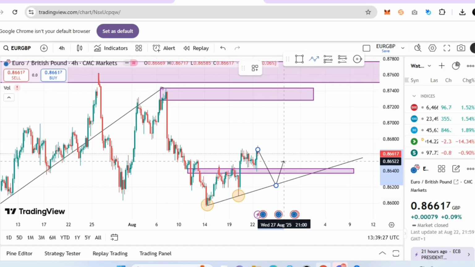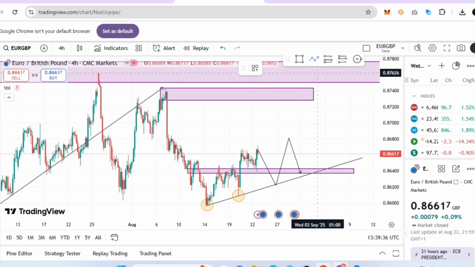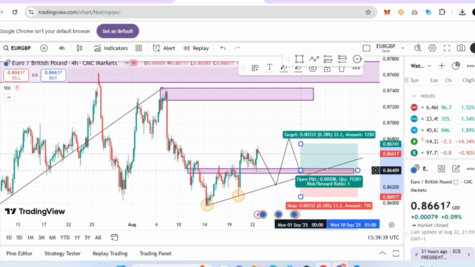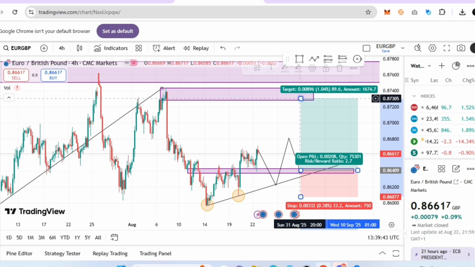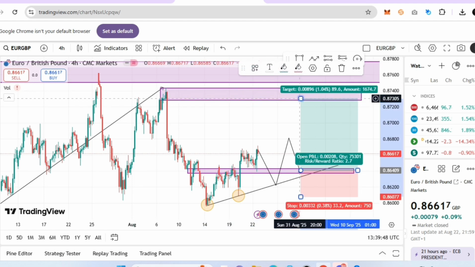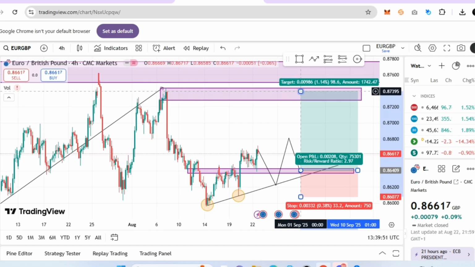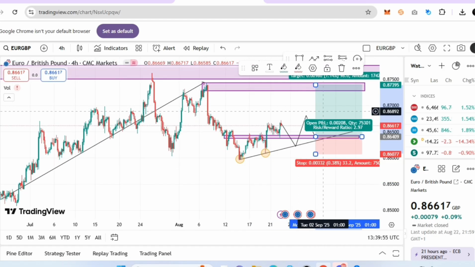So come down, then break again, retest, then shoot up. If I have something like this, I will surely take that as my entry confirmation, because I have two confirmations there, which is an area of confluence: the touch on the support, the previous resistance that has become support now, and on my trend line.